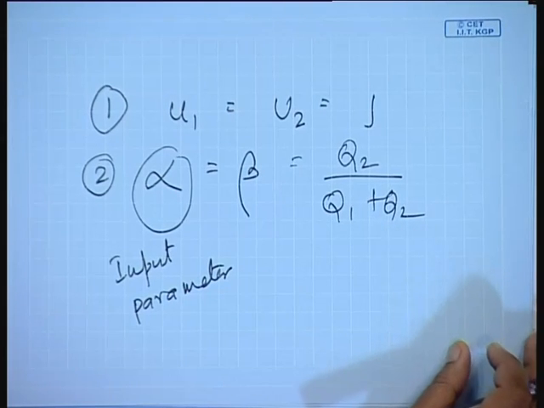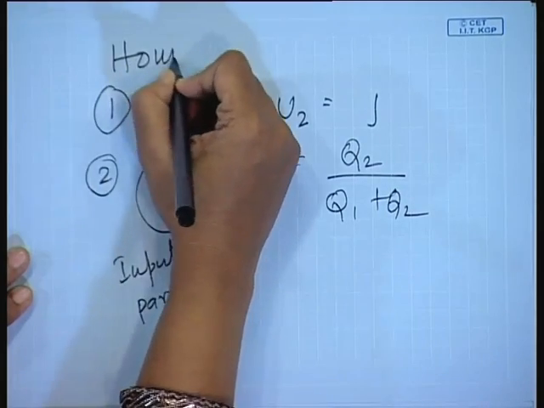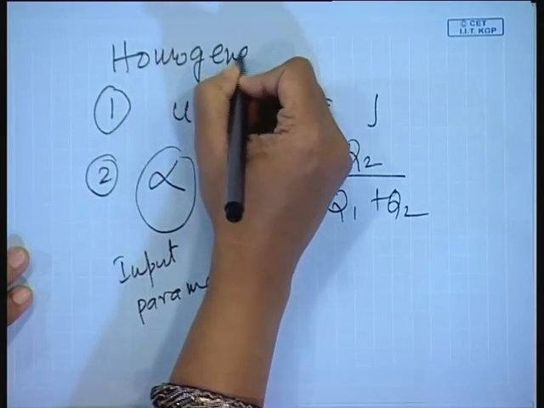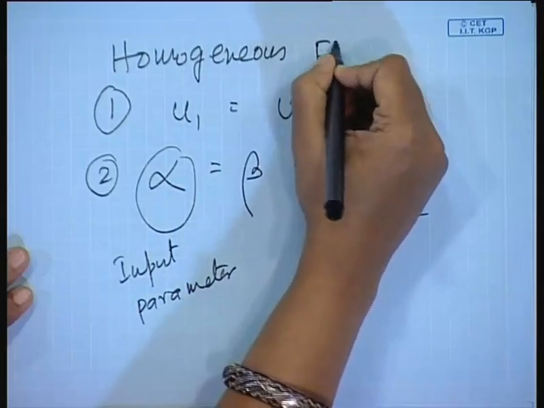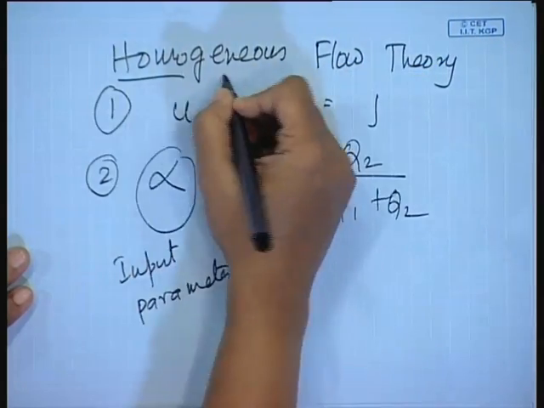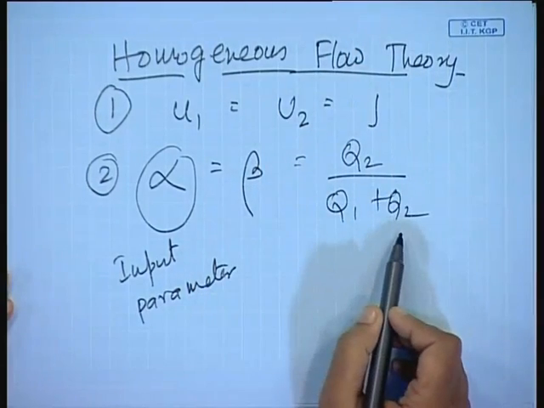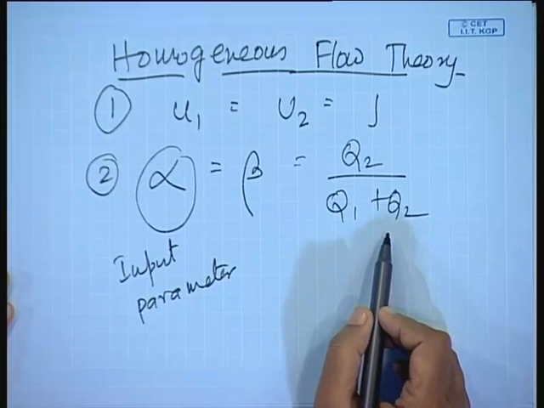So now, under such circumstances, I will just put the heading here, although you know what I am teaching. You see that we have come to a very drastic simplification in this particular case.